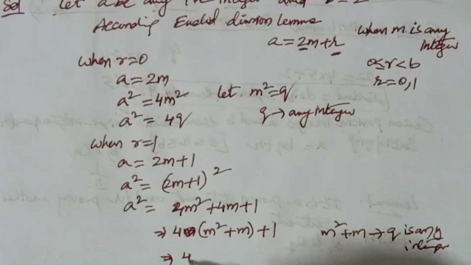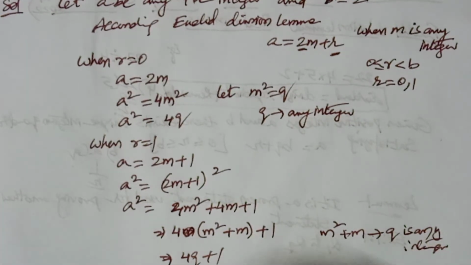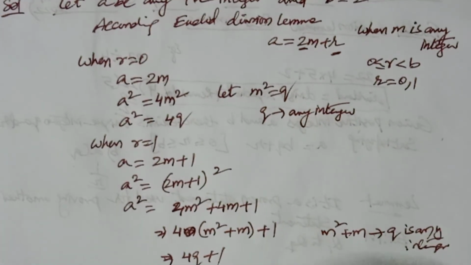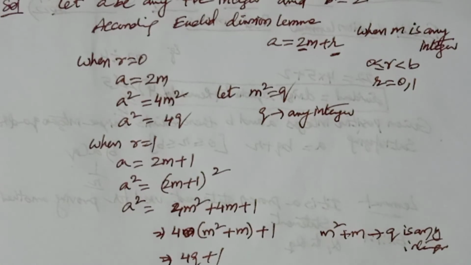So here we will get 4q plus 1. Therefore, the square of any positive integer is of the form 4q or 4q plus 1.